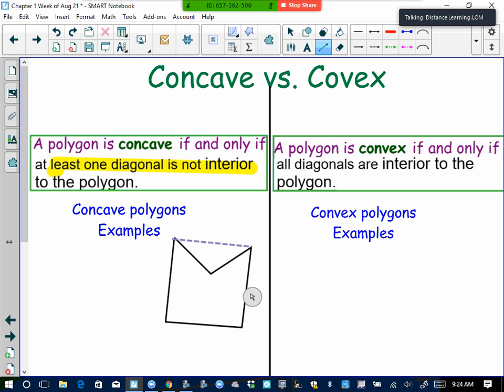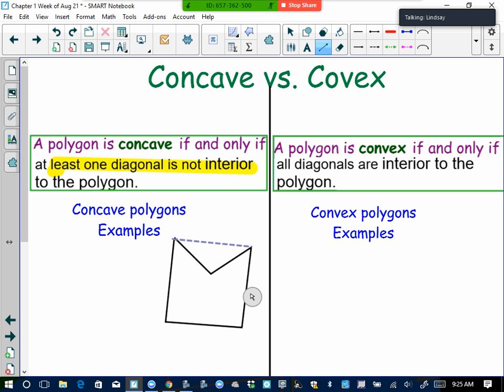So do you guys know what a diagonal is? Everybody? Is that a thumbs up? Okay, so it's a segment that does what? What's the diagonal connect? Lindsay, do you know?